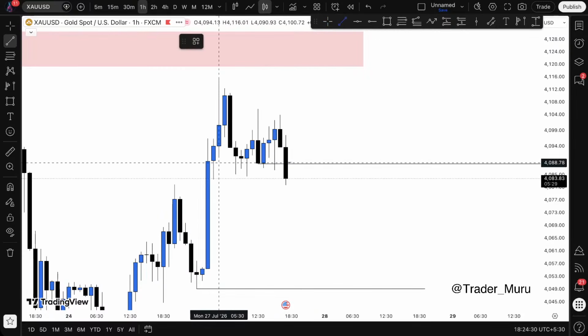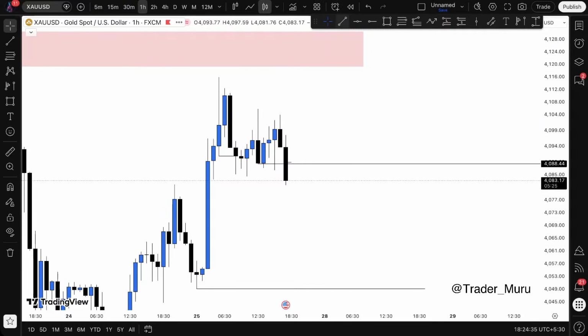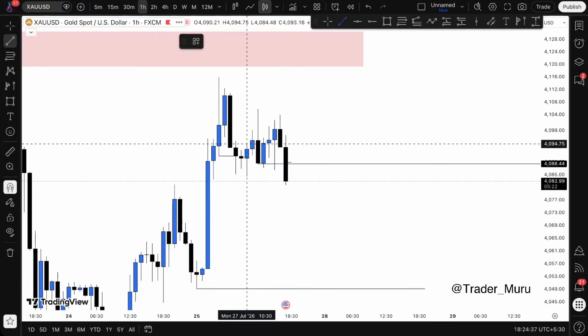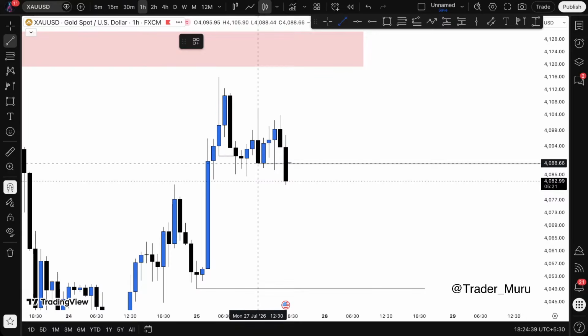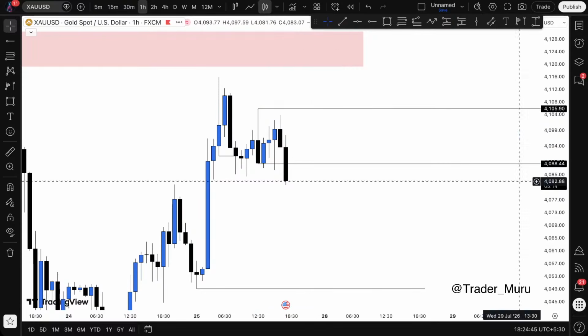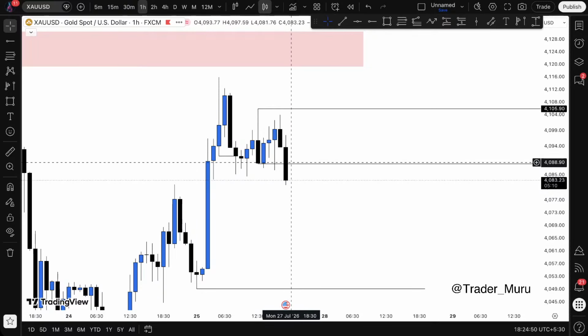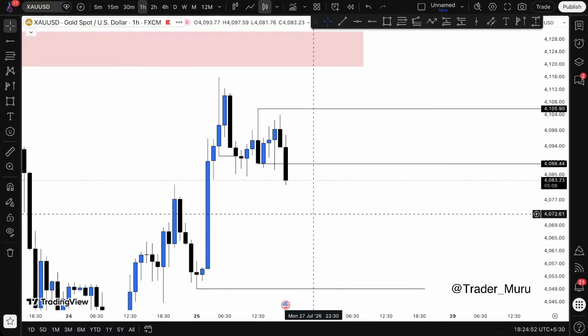Until when? Until this low gets broken. Then we have a high break, again a low break, and this is the candle which is holding short momentum. If we have a closing below 4088, short momentum will continue. So if we have a closing below, price will simply retest here and drop more.